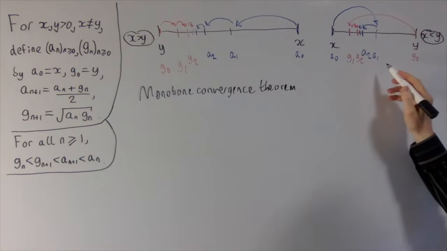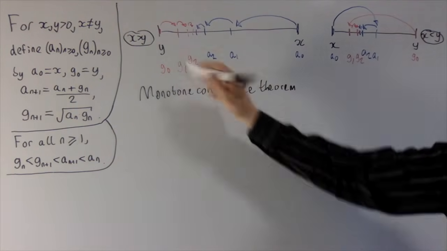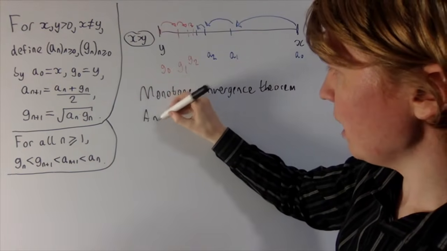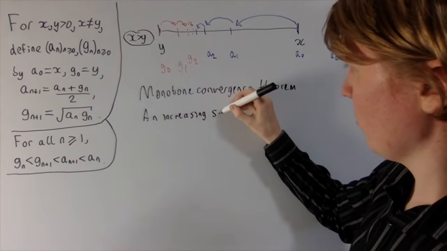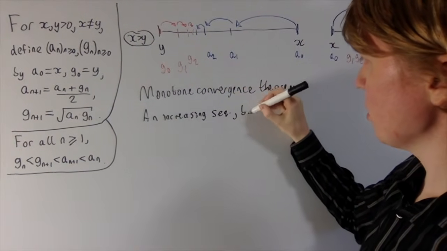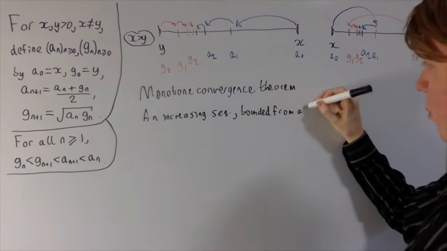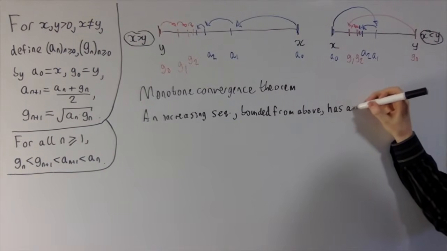And you'll also notice that A, our sequence here, is a strictly decreasing sequence which is bounded below. So if you have an increasing sequence which is bounded from above, this has a limit.